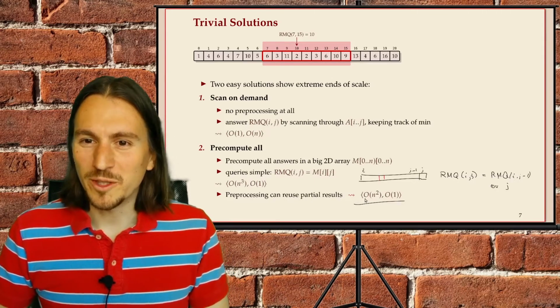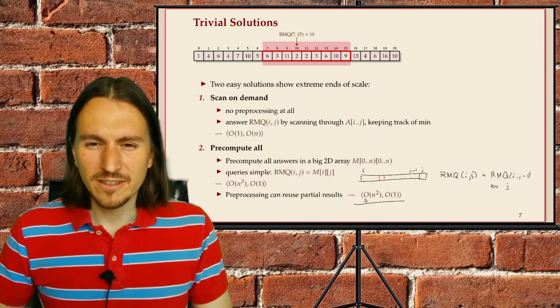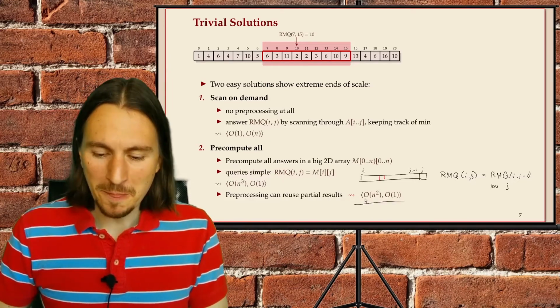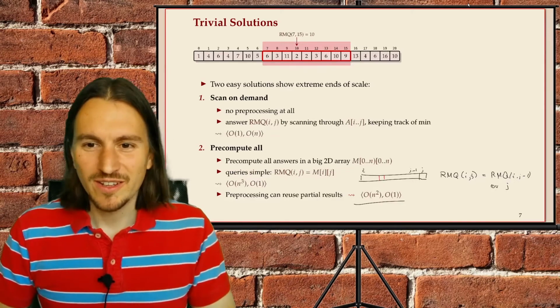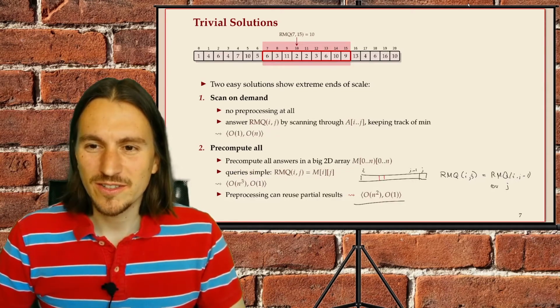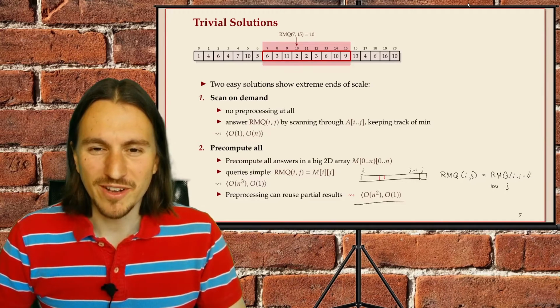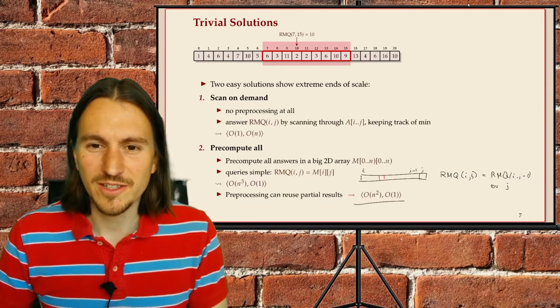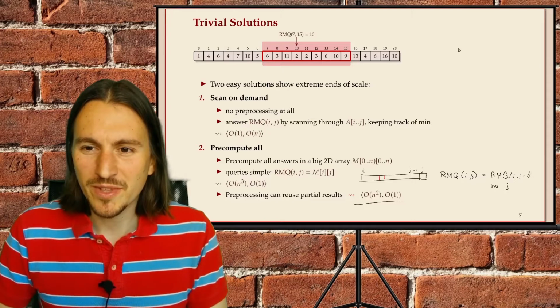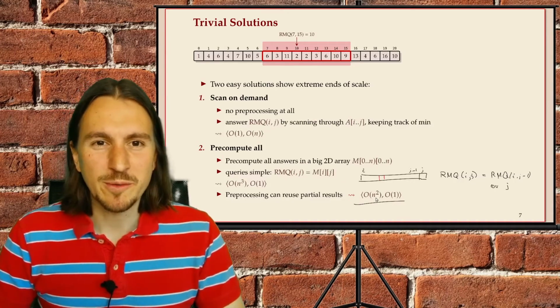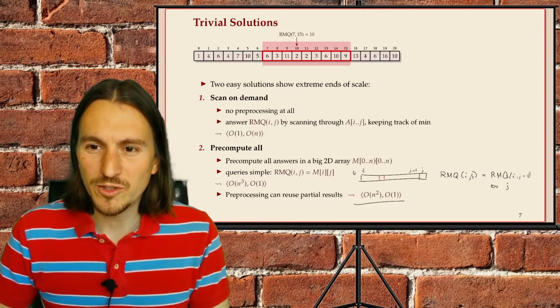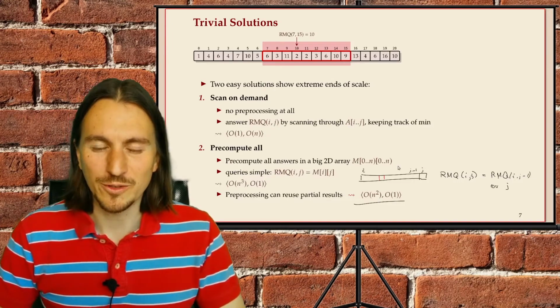But of course, that's not quite good enough. These two solutions are simple. How can we possibly improve upon that? It seems you have to store some pre-computed values, but how can you save on the space? And notice here, the running time of the pre-processing step is as good as possible as long as we store all of the solutions.